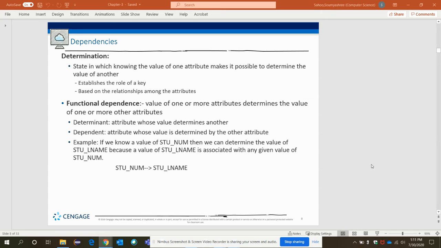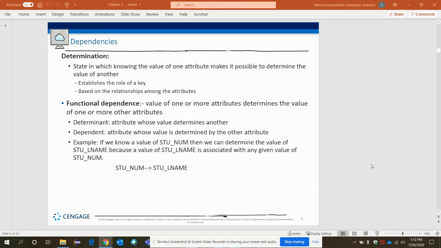Before functional dependency, you must understand what determination is. Determination is a state in which you properly know the value of one attribute, which makes it possible to determine the value of another one.